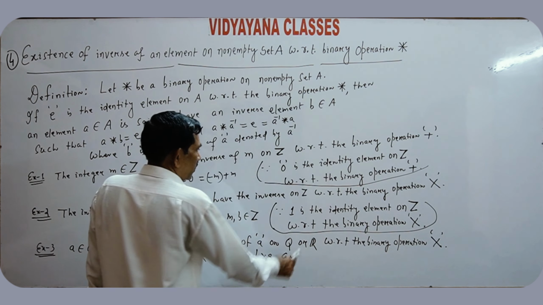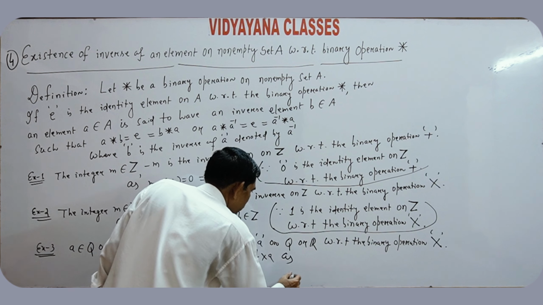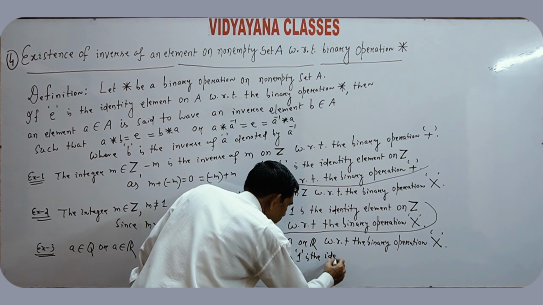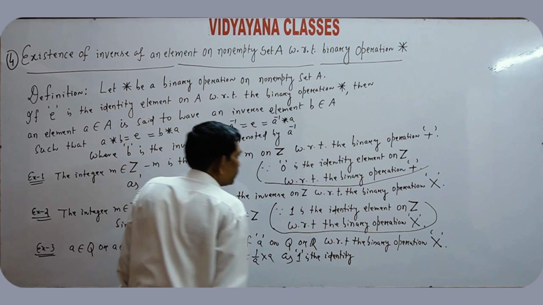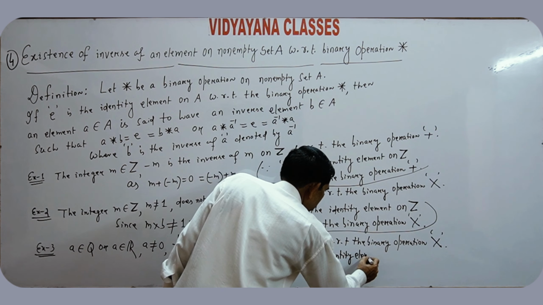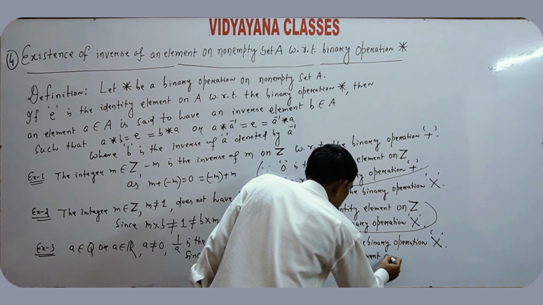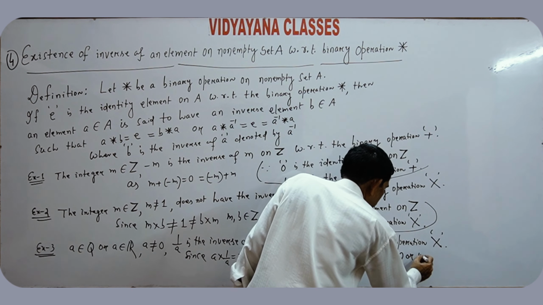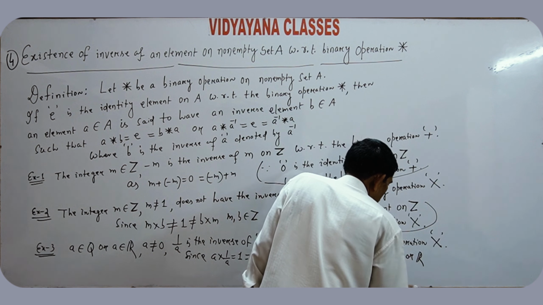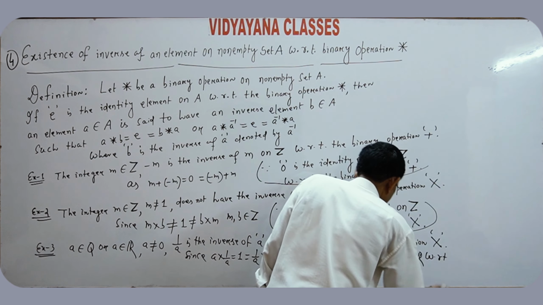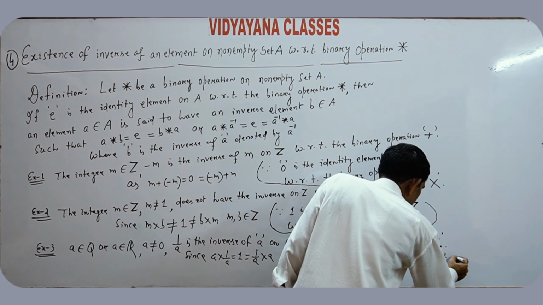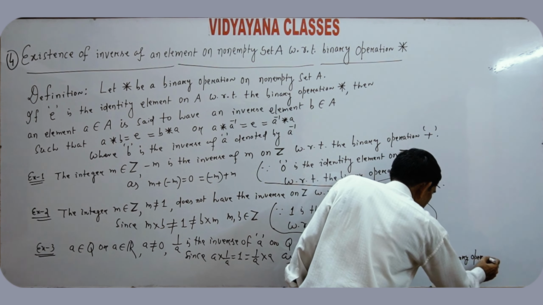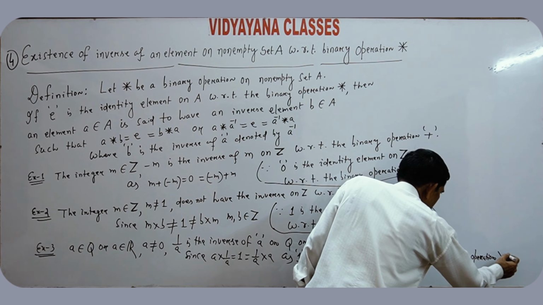As 1 is the identity element on the set of rational numbers or the set of real numbers with respect to the binary operation, that is multiplication.